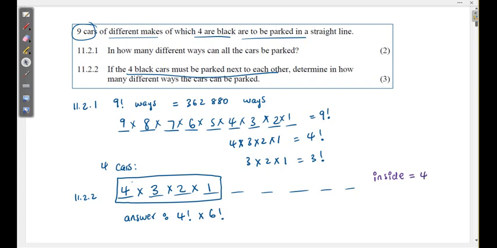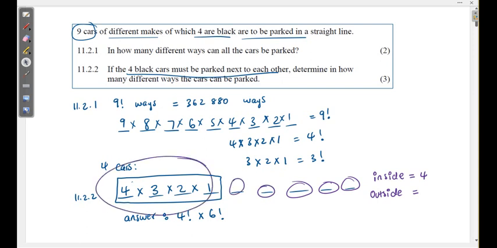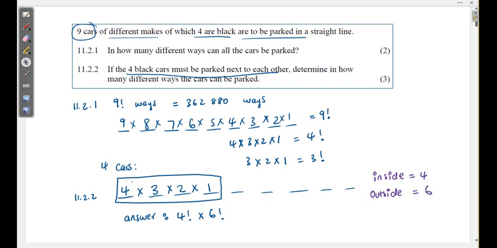Inside they are 4, right? And then you write outside, ne? Outside you're going to say it's 1, 2, 3, 4, 5, and then you count the group also as 1, right? To say you have 6 outside. Then from there you just put factorial, multiply them, and you get your answer.